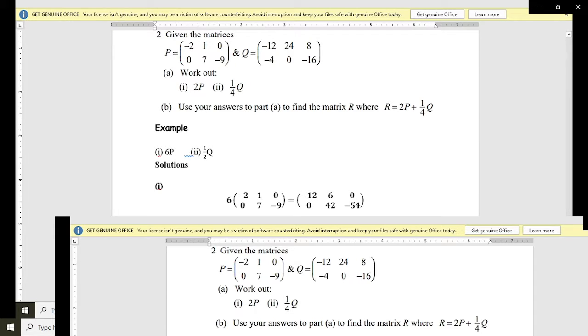Just a minute, let me clear the way for our Q. And this will equal another 2 by 3. So what are the elements of Q? -12, that's it. 24, 8, am I copying the correct numbers?